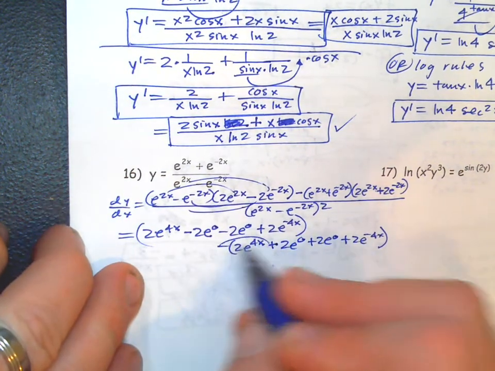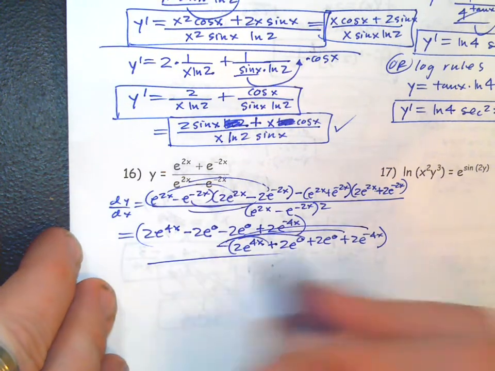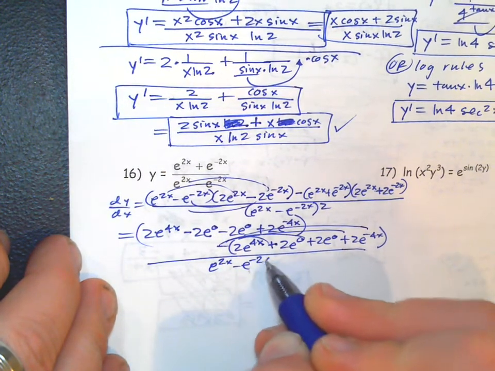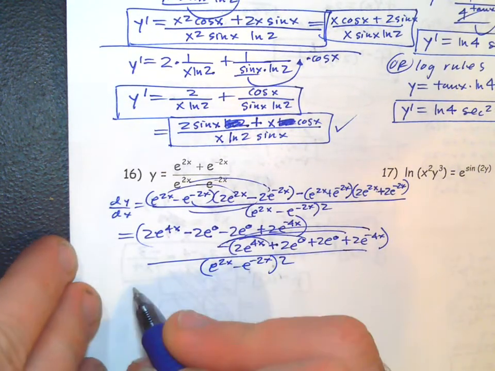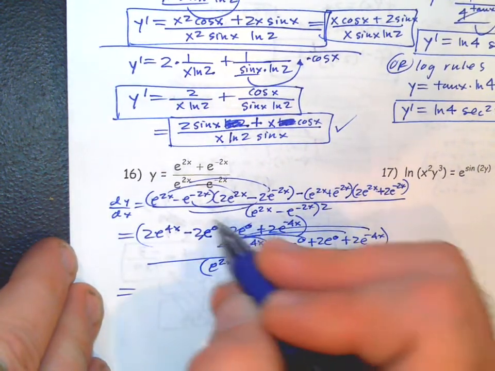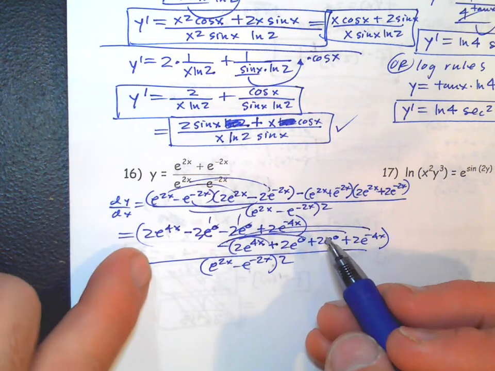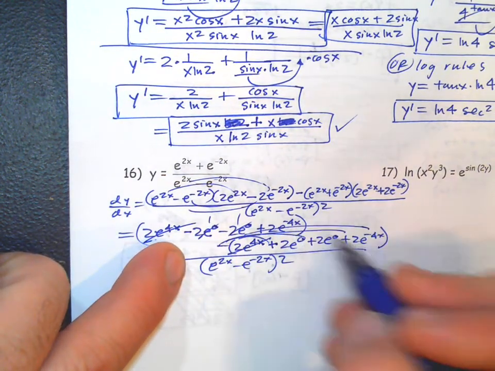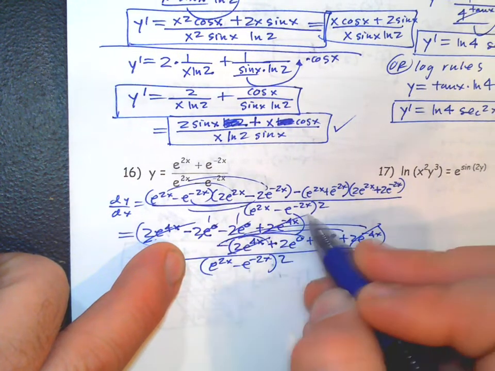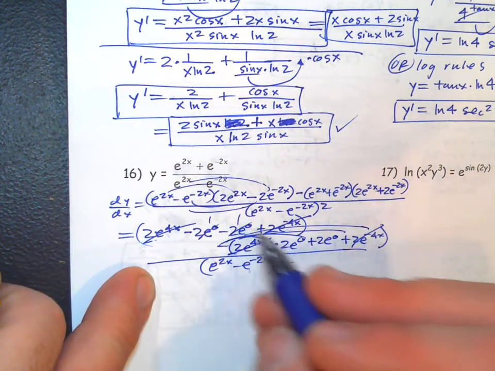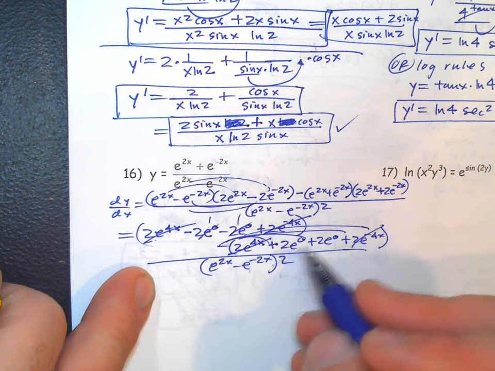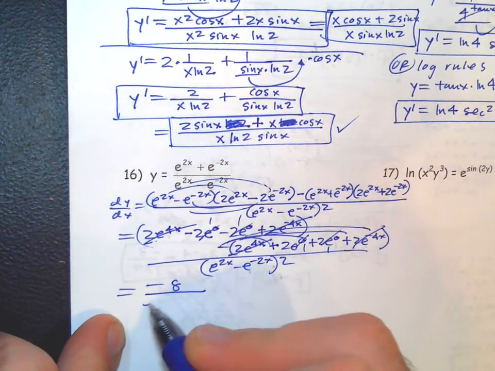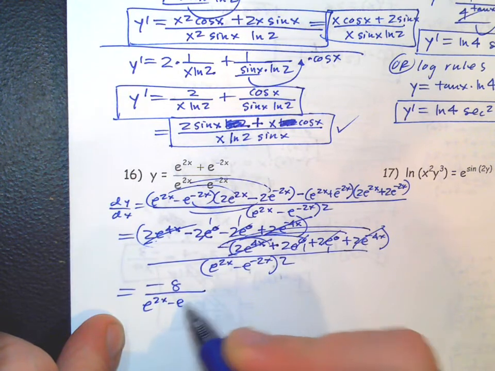And you got to distribute that all over e to the 2x minus e to the negative 2x squared. You can multiply that out too if you want. These are going to be 1s. So you have a 2e to the 4x minus 2e to the 4x. You have a 2e to the negative 4x minus a 2e to the negative 4x. You have negative 4 minus 4 gives you negative 8. So, I mean, we could write the answer like this.